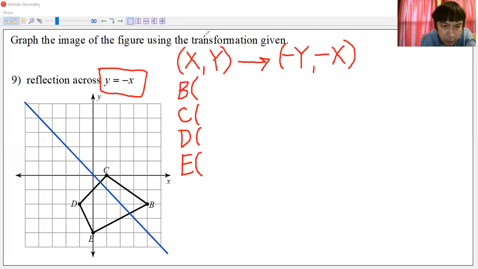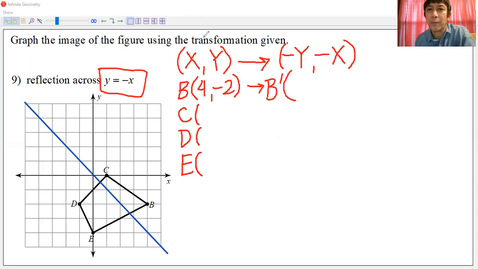Our B is 4, -2. Now let's get the B prime right away.